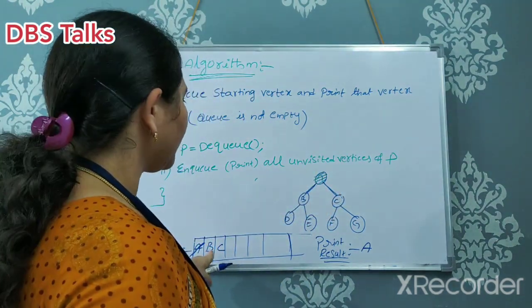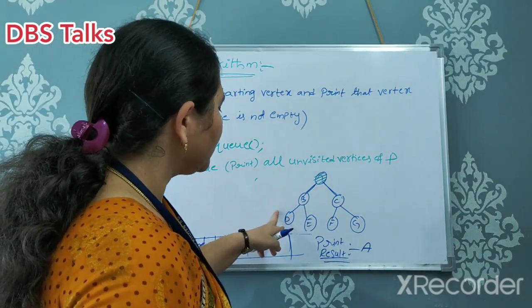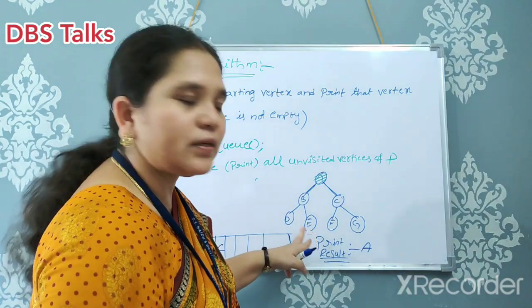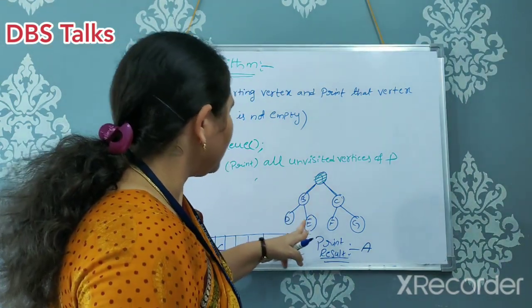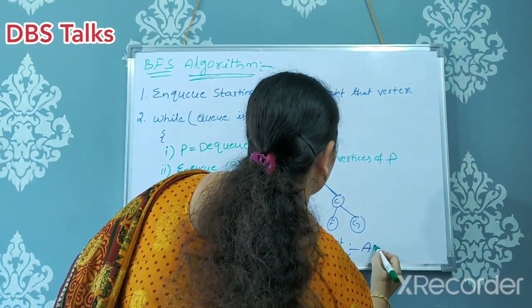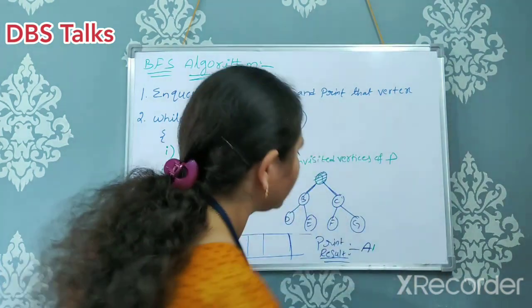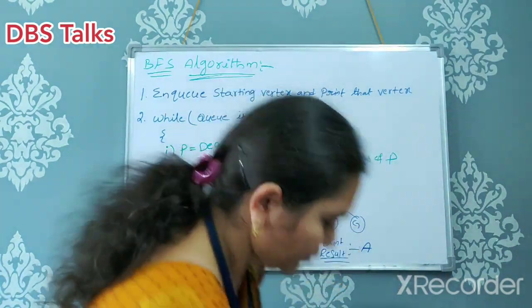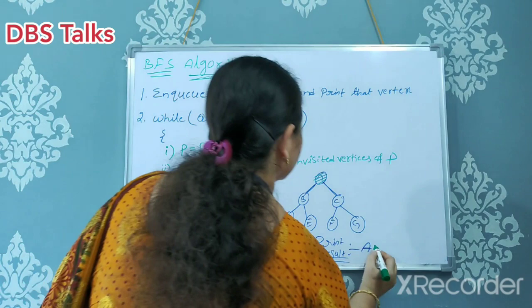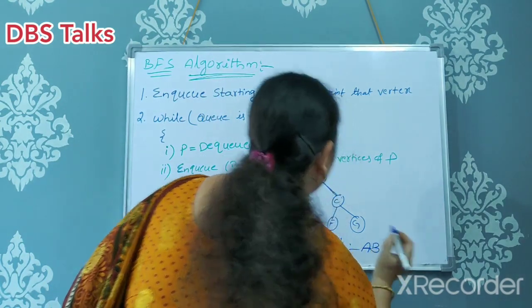So next B. What are the adjacent vertices of B? D, E. Then we can write B here.